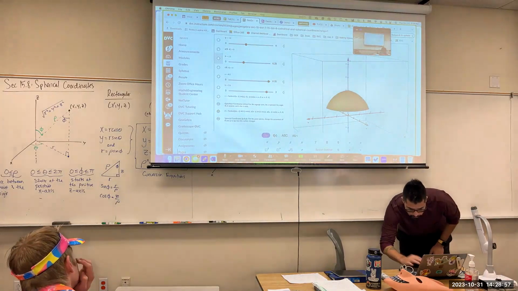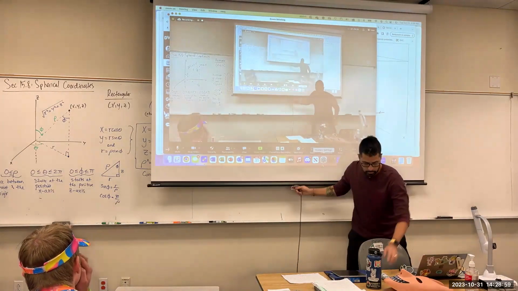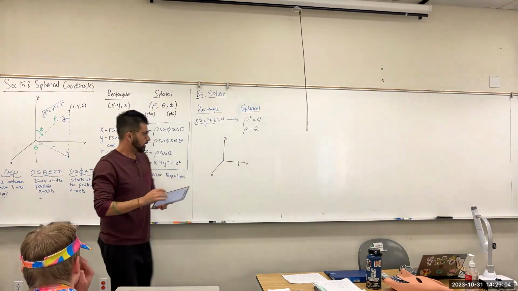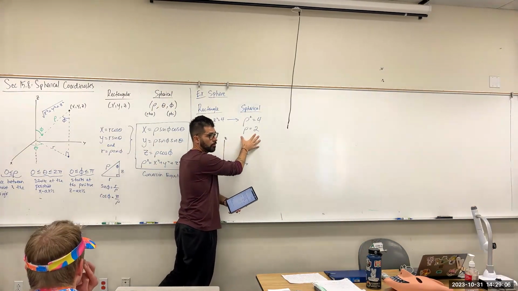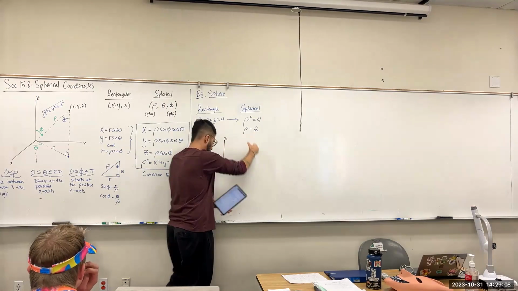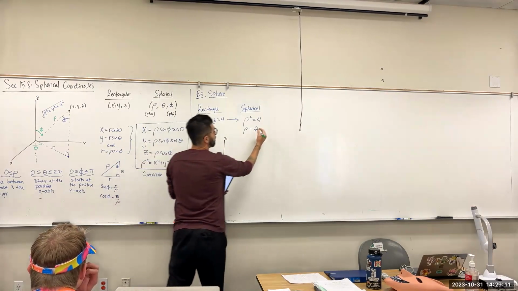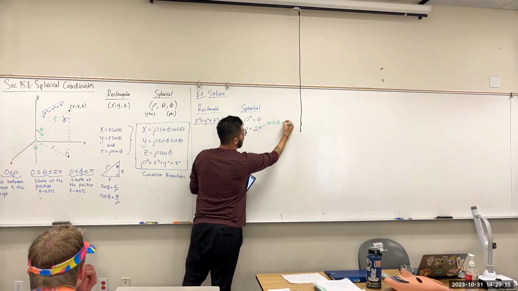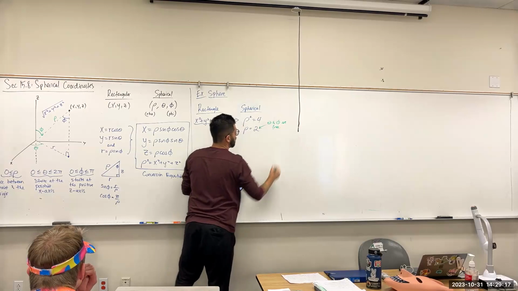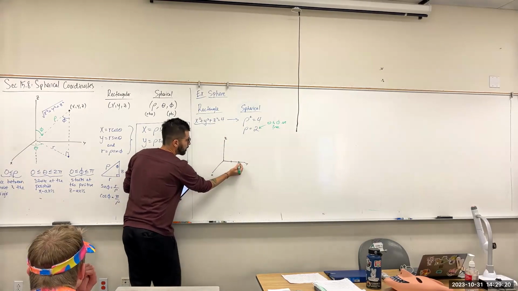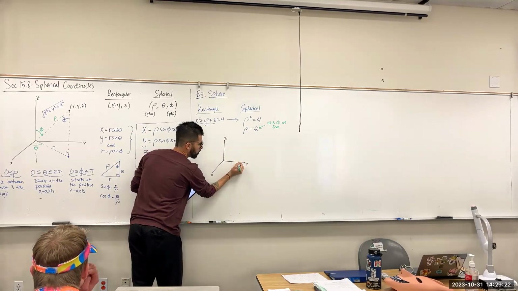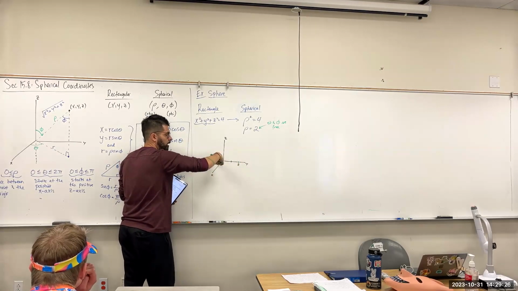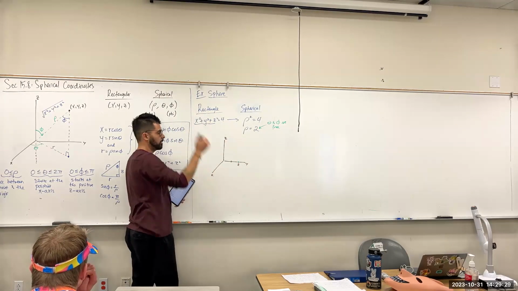All right, let's see. So here I don't have any bounds for theta and phi. So theta and phi are free. That means that as long as my rho stretches out 2 units, I can rotate this all around theta, and I can rotate all around phi.